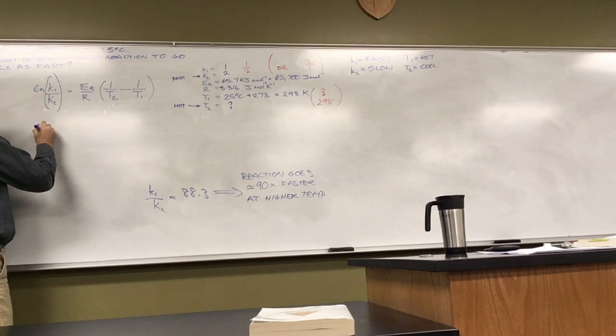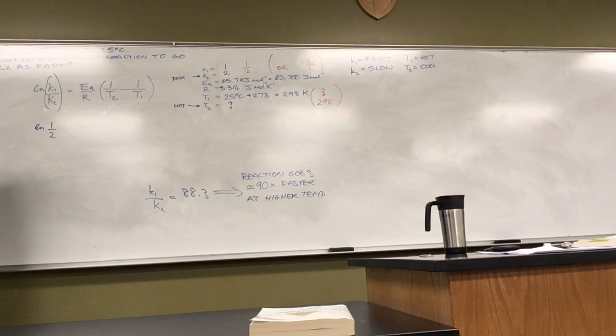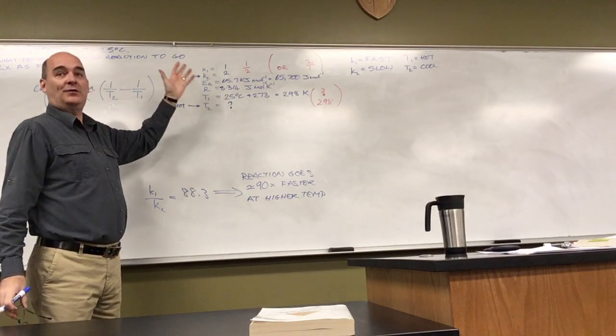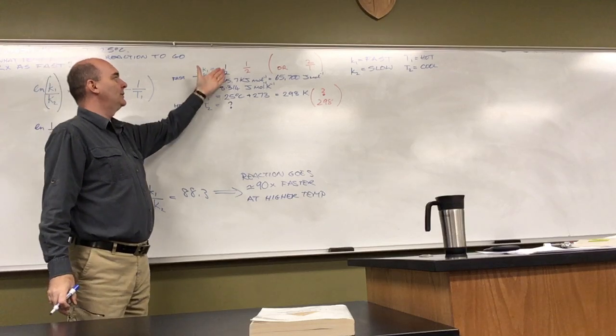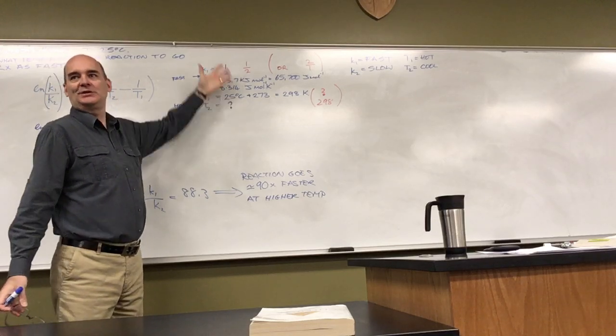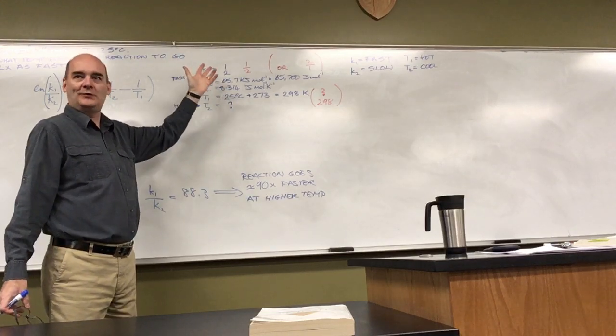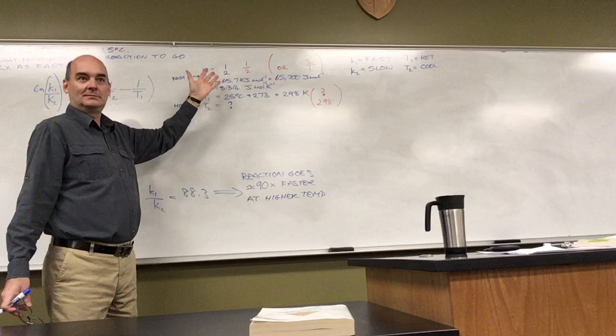That gives me that the natural log of 1 over 2, I've said 1 over 2. You could pick any number out of your hat. You could make that 150, because 100 is twice as big as 50. 200 is twice as big as 100.